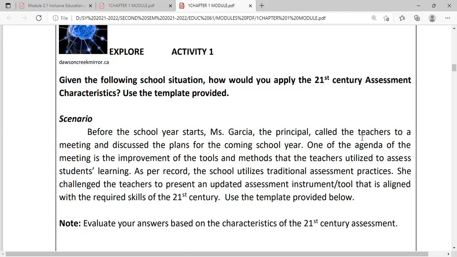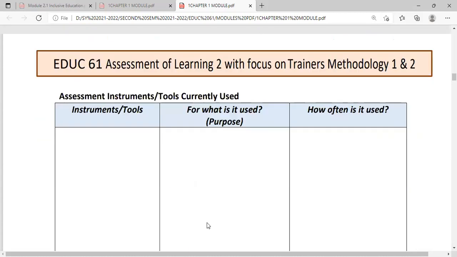As per record, the school utilizes traditional assessment practices. She challenged the teachers to present an updated assessment instrument or tool that is aligned with the required skills of the 21st century. So use the provided, ang inyong timan-an, evaluate your answers based on the characteristics of the 21st century assessment. So, inyo answer 3 is i-base niyo sa aton na mention nga 21st century assessment. And of course, we'll be using this template.